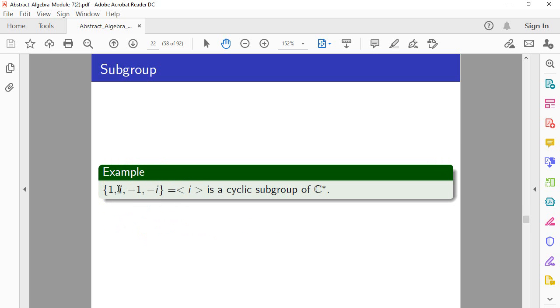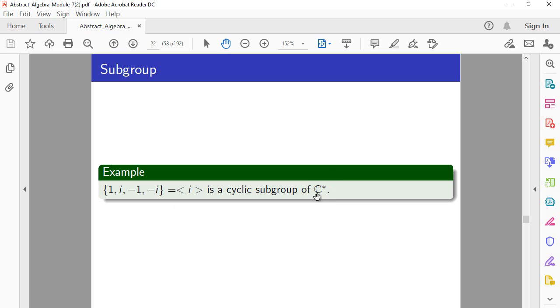If I look at the set of 4 elements, 1, -1, i, and -i, in the group of non-zero complex numbers under multiplication, then this is a cyclic subgroup and it is generated by i.